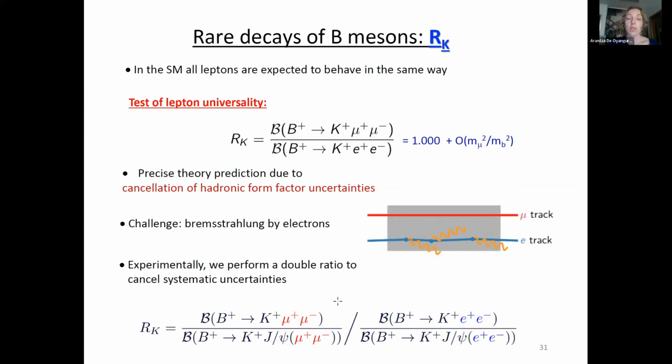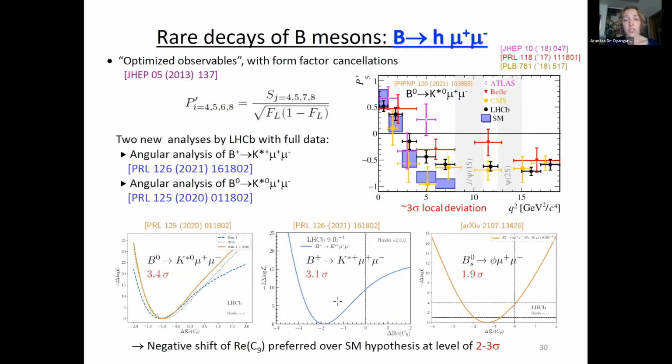Yes, because you remember what I was telling. I don't know if you remember, but I was saying that when you are measuring the branching ratio, you need to know the efficiencies of your detectors, the different efficiencies of the reconstruction.